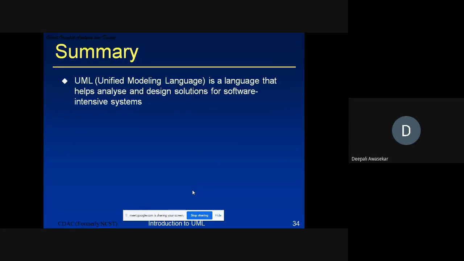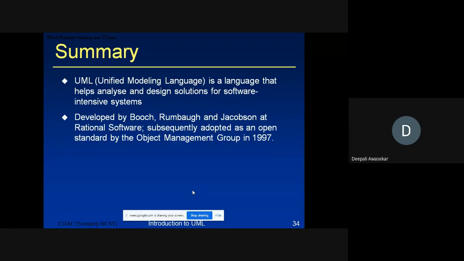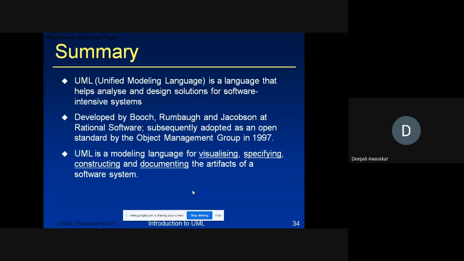So UML is a language that helps analyze design solutions for software intensive systems. It was developed by Booch, Rumbaugh, and Jacobson at Rational Software, subsequently adopted as a standard by OMG in 1997. So it's a language for visualizing, specifying, constructing, and documenting the artifacts of a software system. I'm just going through a very quick recap as we have completed this unit.